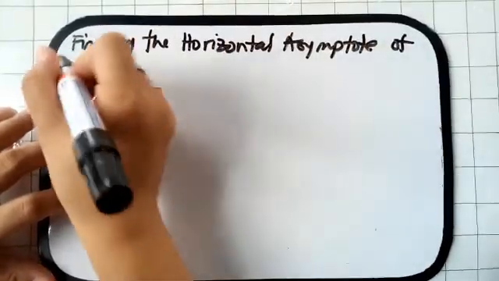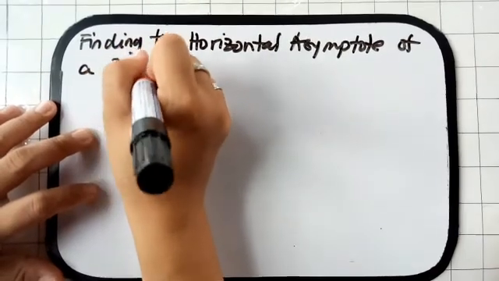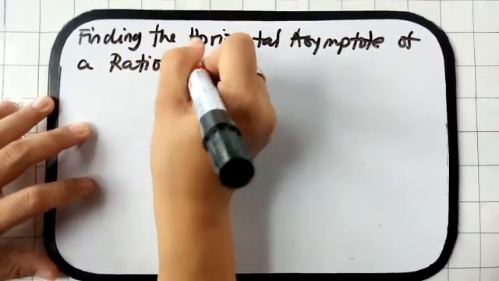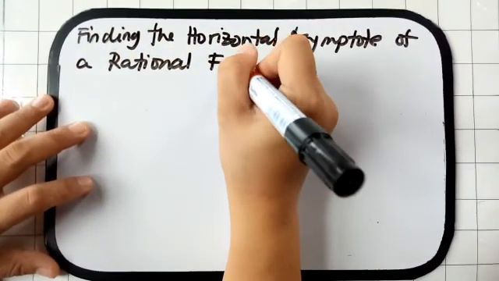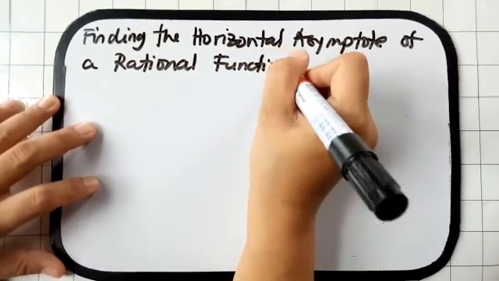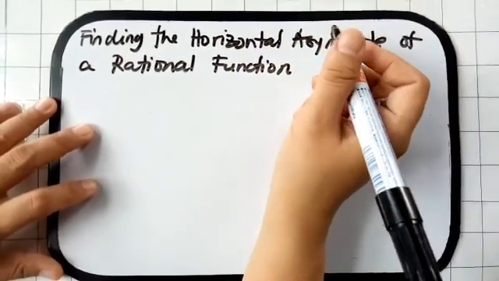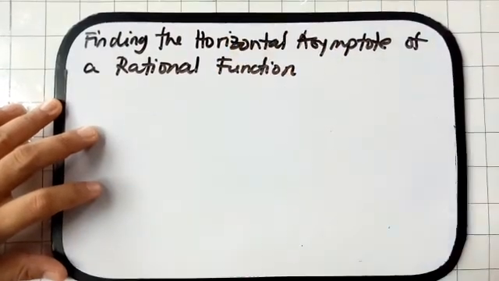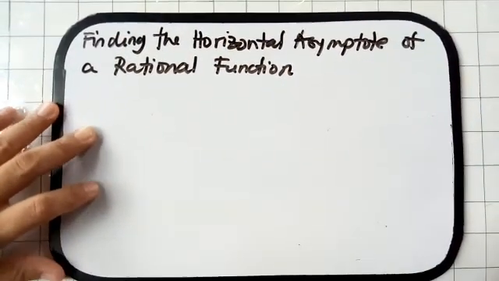For the horizontal asymptote of a rational function, we need to consider the degree of the numerator and the degree of the denominator.